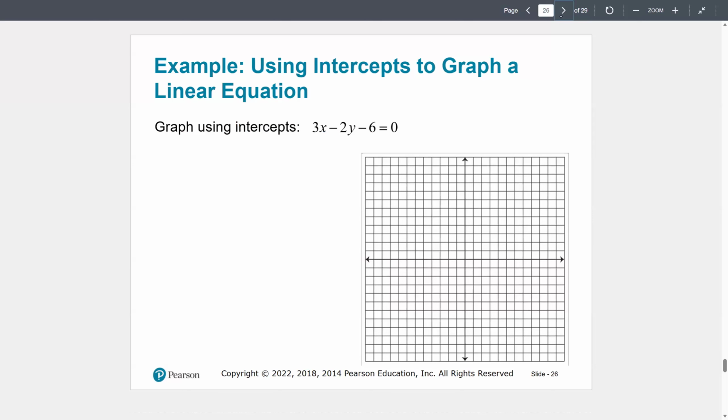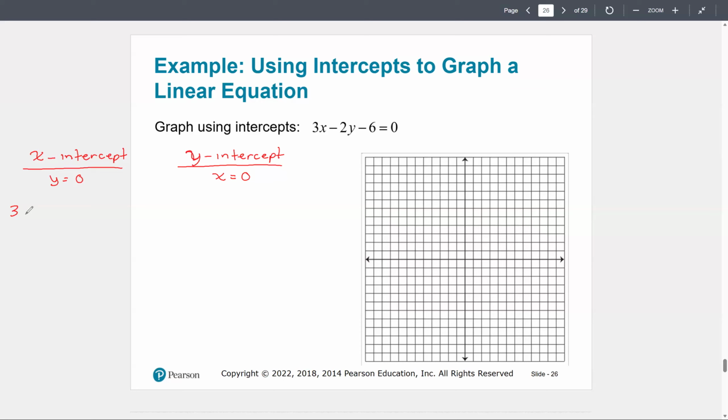So we want to find our x and y intercepts to graph. The x-intercept is when y equals 0. The y-intercept happens when x is equal to 0. So if I want to find my x-intercept, I'm going to take my 3x plus 2y minus 6 equals 0, and I'm just going to replace the y with 0.